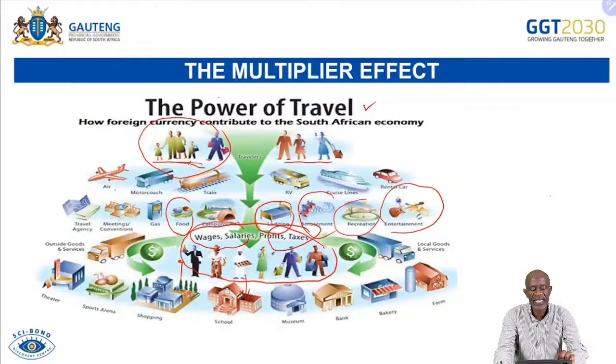So money that is generated from tourism is not only used to sustain the tourism sector, but it goes into different sectors of the economy. That is referred to as the multiplier effect.